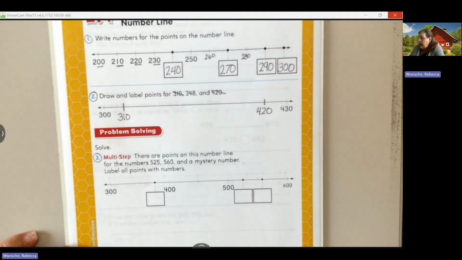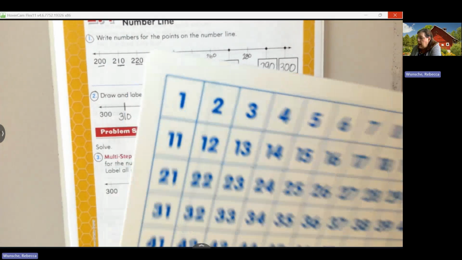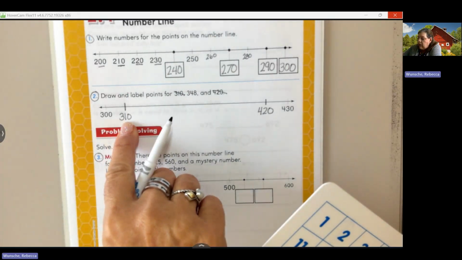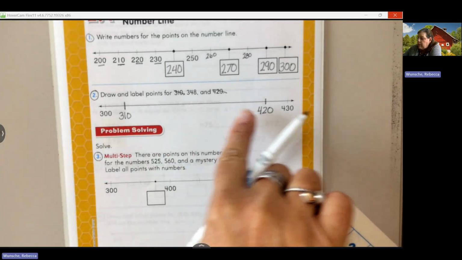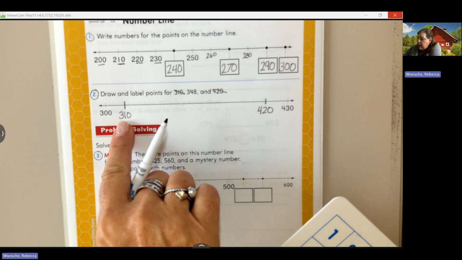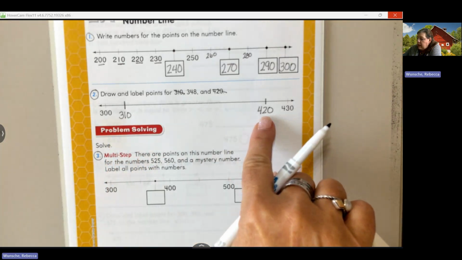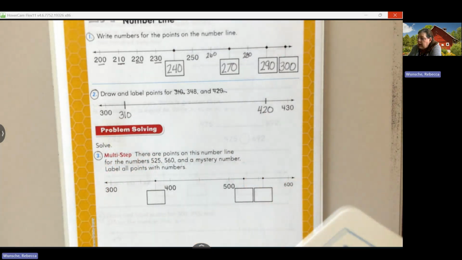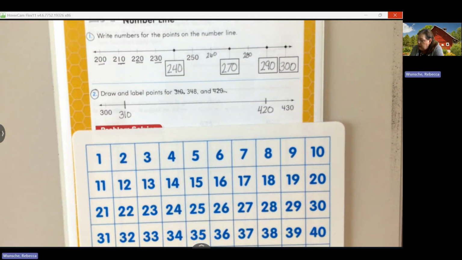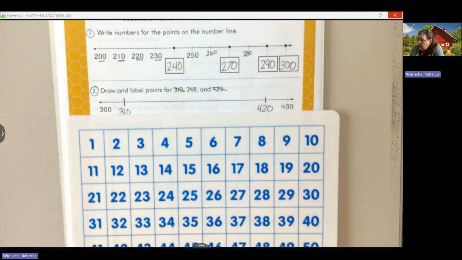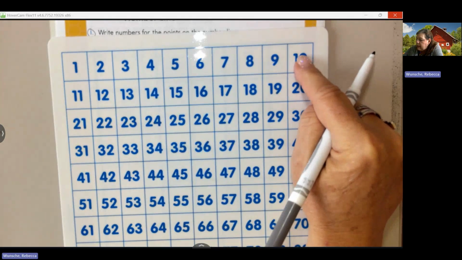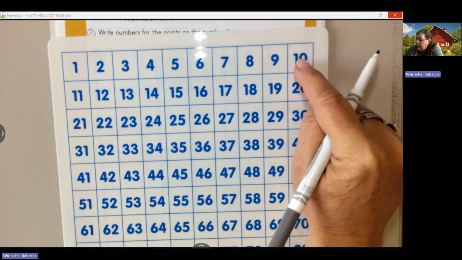So I might go back to my 120 chart again. I'm going to take off the hundreds numbers and just look at the tens numbers. I'm going to look at 300 at 10 and I'm going to look here at 420. When I look at those, I'm going to think about between 10 and 20, what number would I see in the ones place especially?